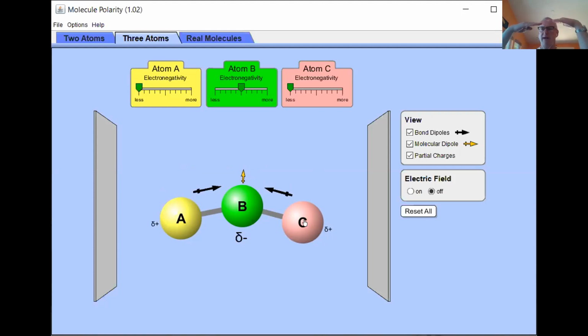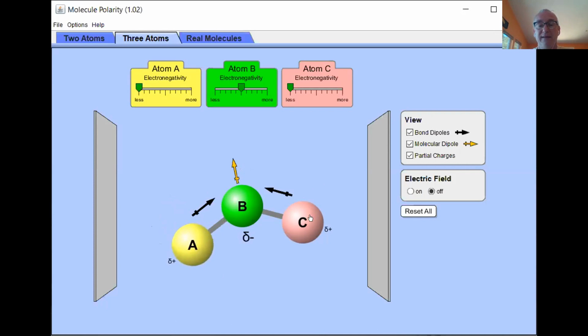So as someone pointed out, they were pointed directly at each other when they were linear. Now that it's not linear, it's slightly bent. Now I get a slight molecular dipole, and it appears that the size of the molecular dipole is dependent on how bent it is. Why is that?